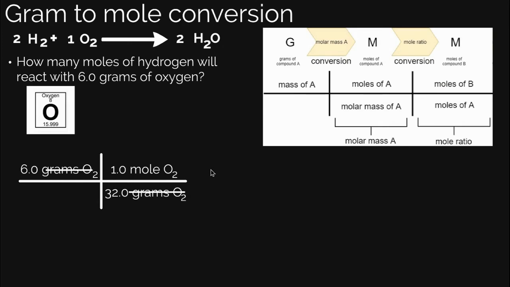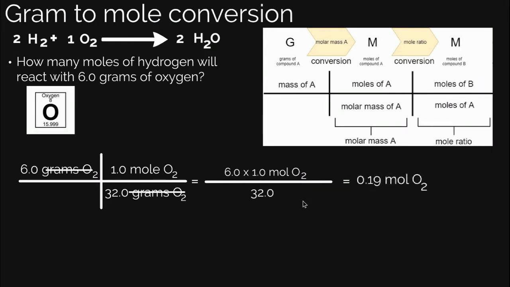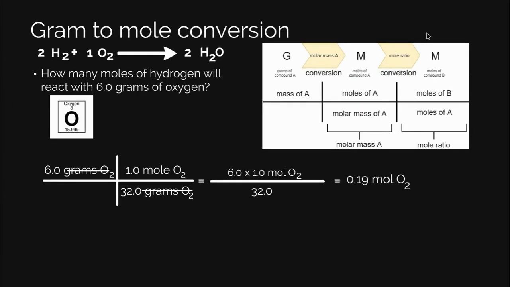So now remember that this table has the mathematical meaning. If we turn this into an expression, we get 6.0 times 1 divided by 32 is the calculation. So you can put this through the calculator, and the result we get is 0.19 moles of O2. So now we know how many moles of O2 we're using from the amount of grams that we started with. 6 grams of oxygen is the same as 0.19 moles of oxygen.